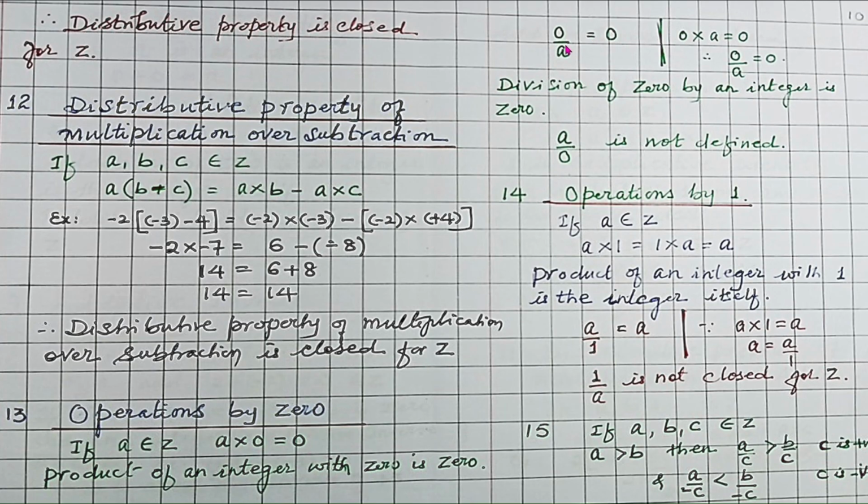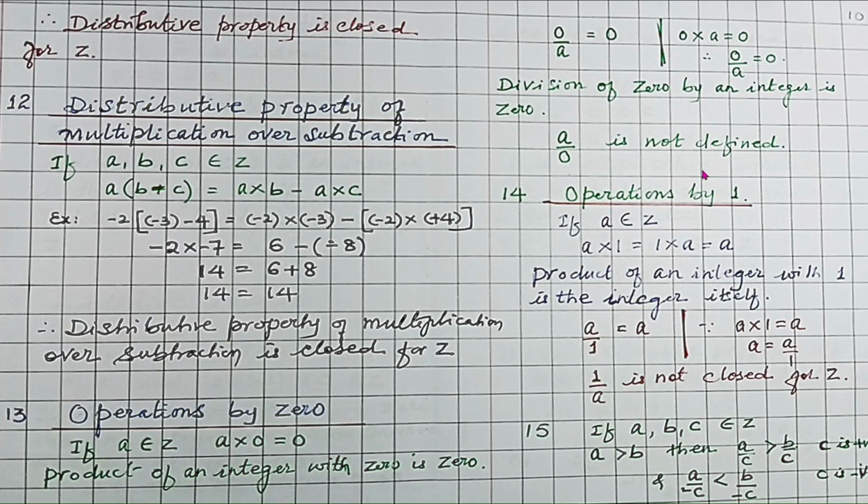And similarly, when I divide 0 by a, we get 0. That means 0 divided by an integer is always 0, and the reason is that 0 into a is 0. Division of 0 by an integer is always 0, and it is very much defined.